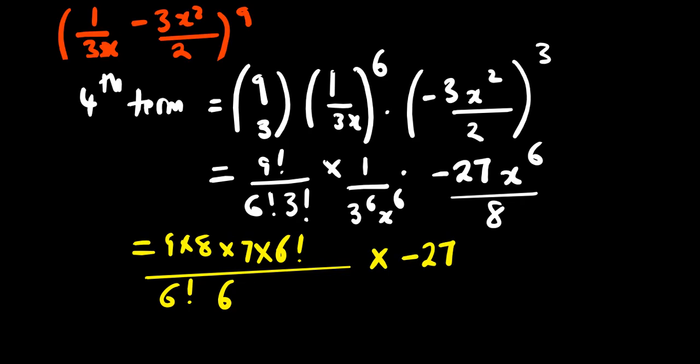Now, is there anything that we can do here? Let me just simplify. We've got 8 down here.